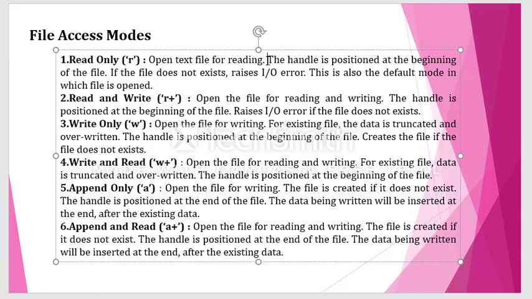You can only read the contents of the file. If the file does not exist, it will give an error. So when you want to open a file in read mode, make sure that the file is already created. Otherwise, it will give an error.